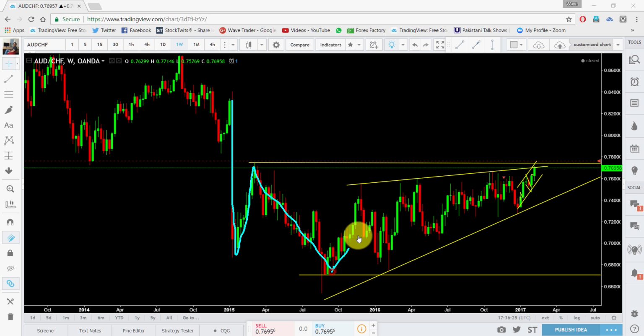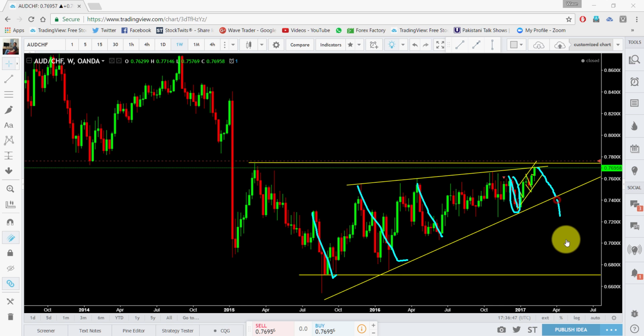And this move is corrective. So we are looking for this kind of move at the current price. We got this move, although it was small, not a big move, but again we are looking for this kind of move. If price starts to fall aggressively, then it can test the bottom again.